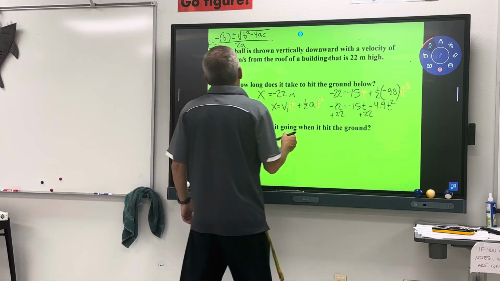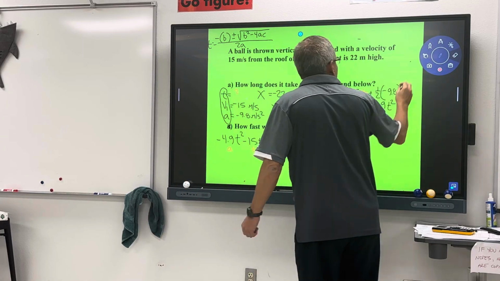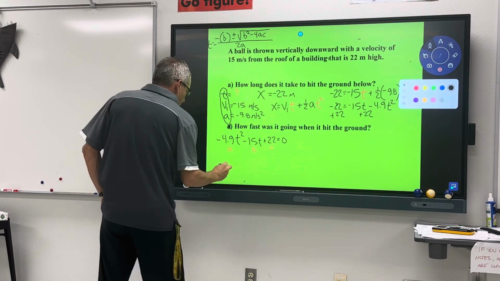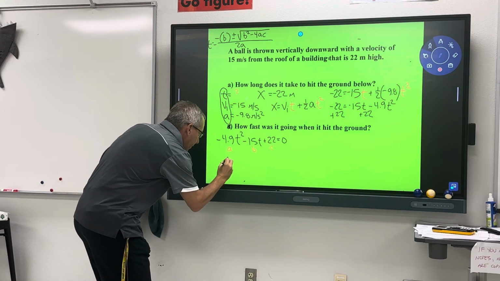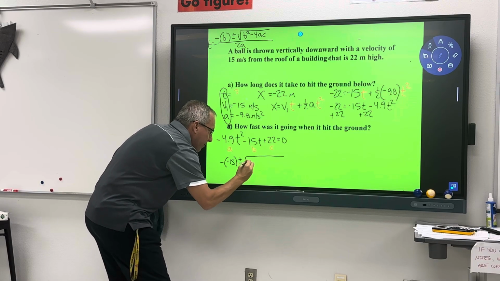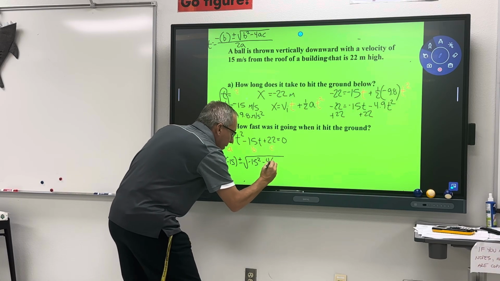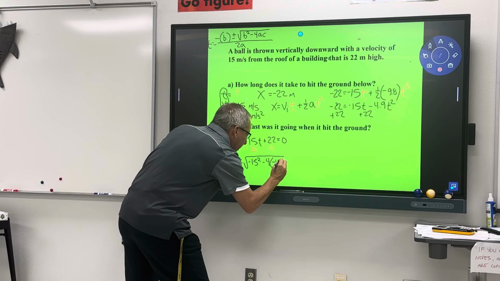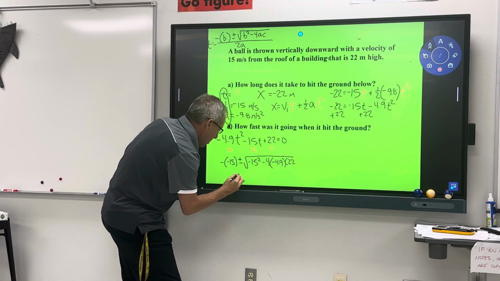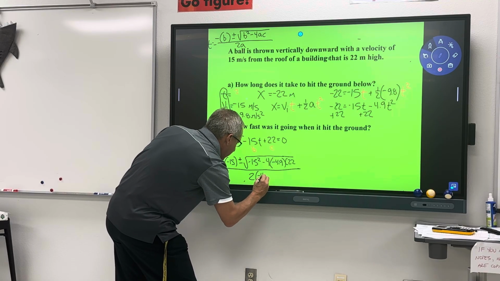All right. So what this really is, and I'll start working this down here, is we're going to do negative of negative 15 plus or minus the square root of negative 15 squared minus 4 times negative 4.9 times 22, all over 2 times negative 4.9.